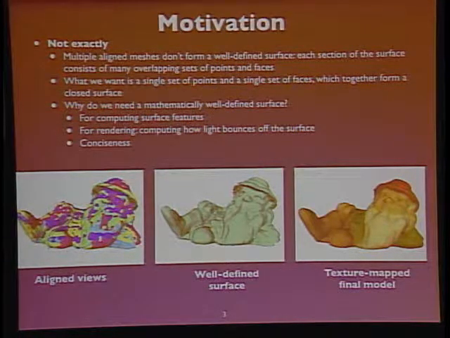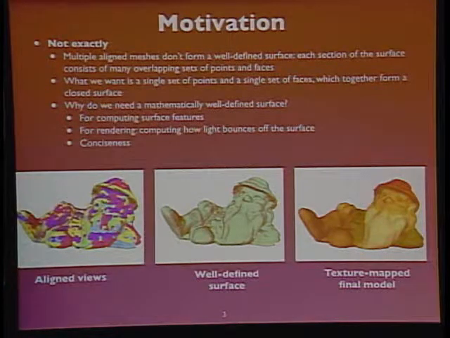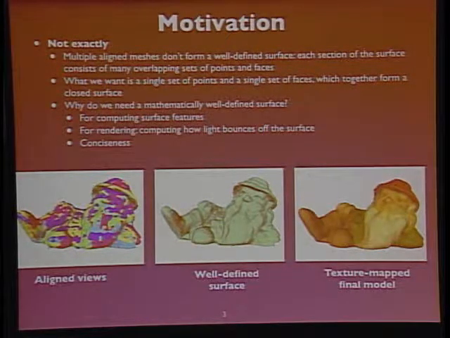So there's a couple of reasons why we would need this. First of all, if we want to compute surface features, a lot of times what we're going to do is take individual points on the surface and calculate features with respect to that point. So this is sort of like an egocentric view of features where you consider yourself living at a particular location on the surface, such as this point right here, and then look around you at all the other points in your vicinity and say something about how those points on the surface are distributed.